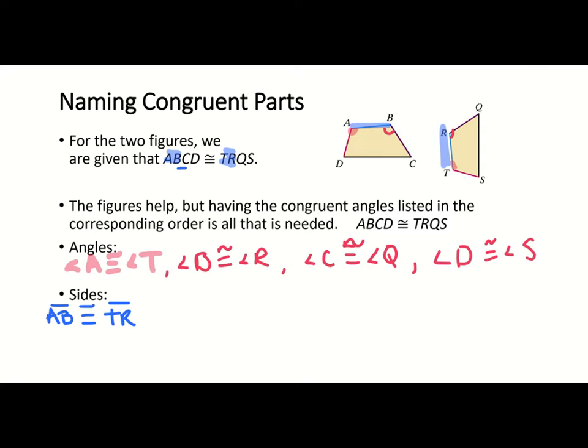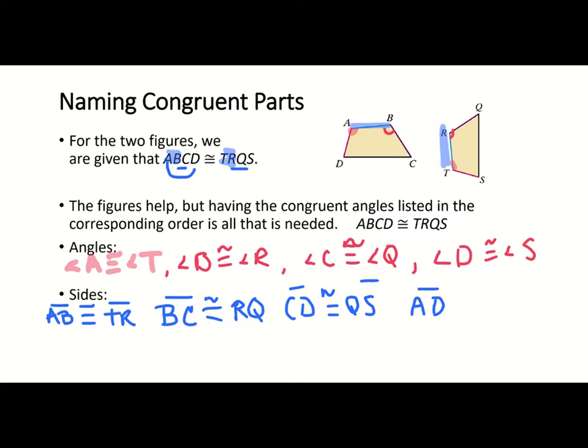Next, BC is congruent to RQ. Then CD is congruent to QS. And our last one is AD is congruent to TS.